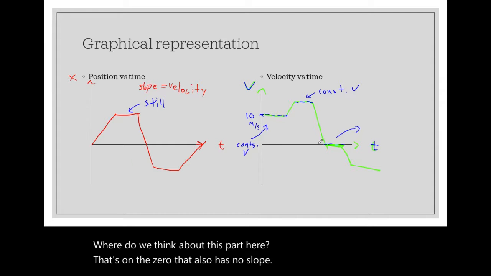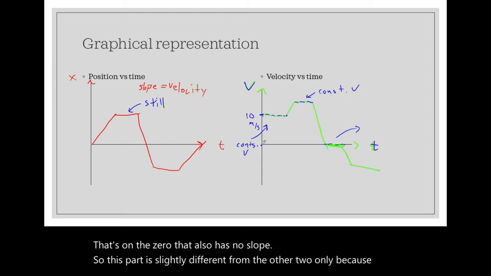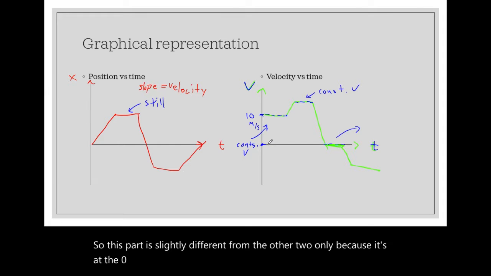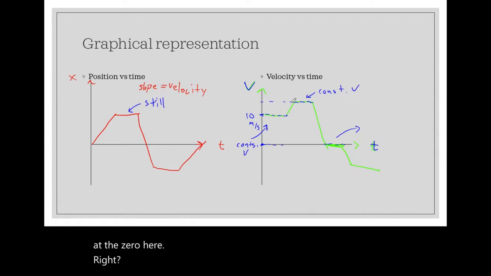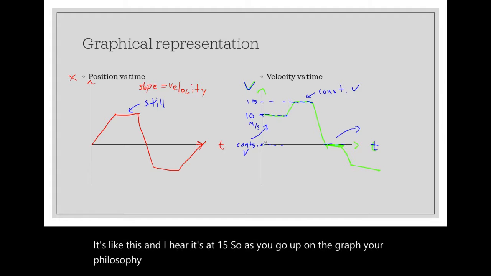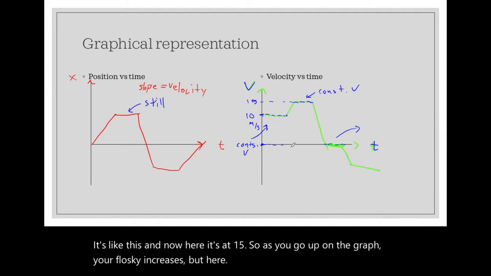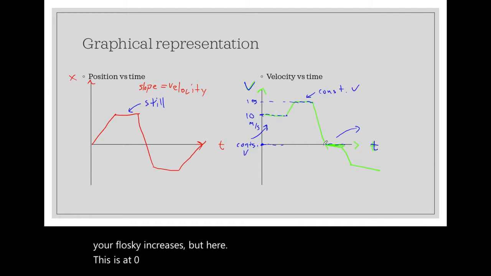This part is slightly different from the other two only because it's at the 0. Like this one right here, it's at 15. As you go up on the graph, your velocity increases. But here, this is at 0. So at this point, while it's on the line, velocity equals 0.